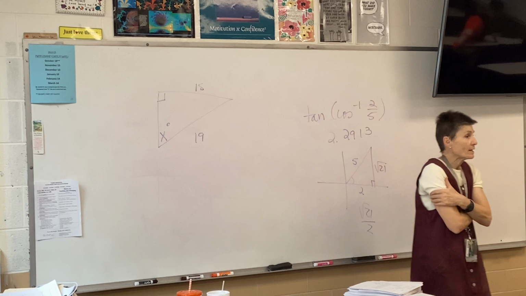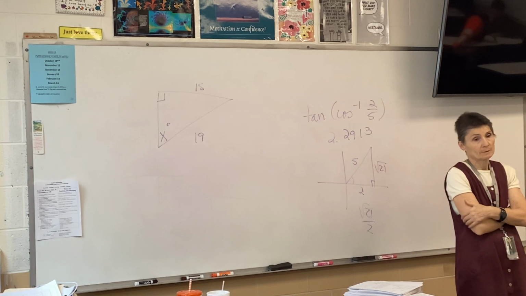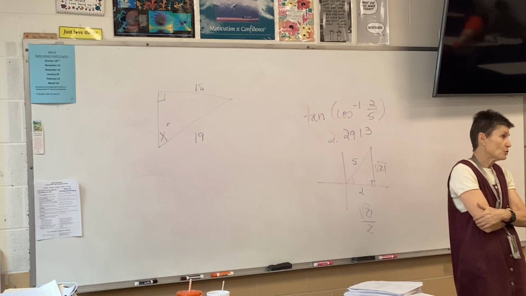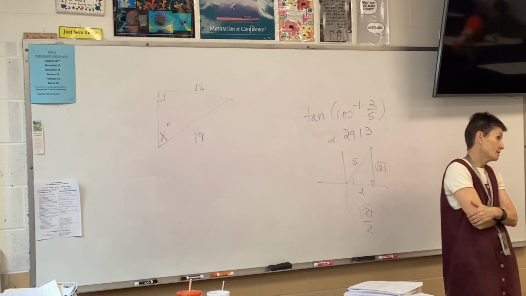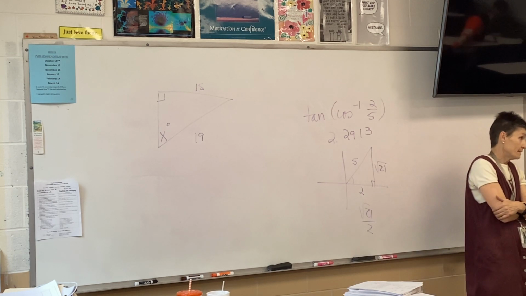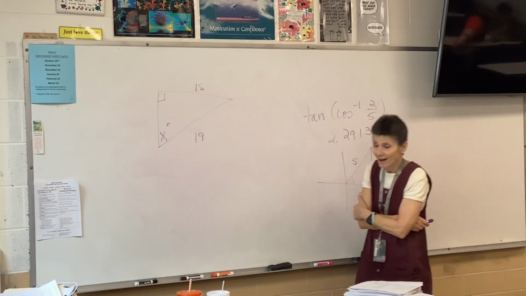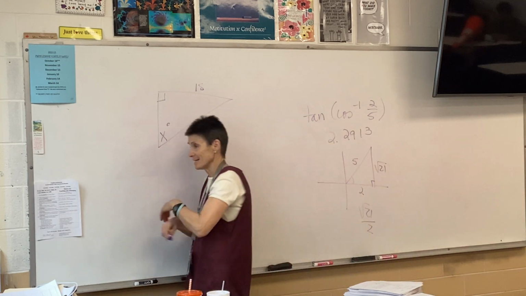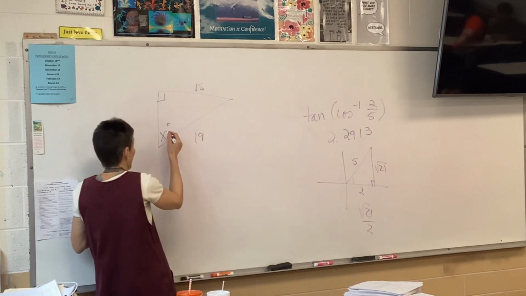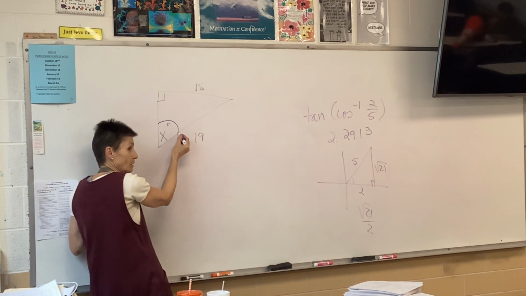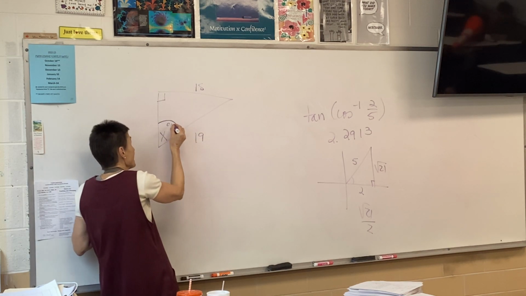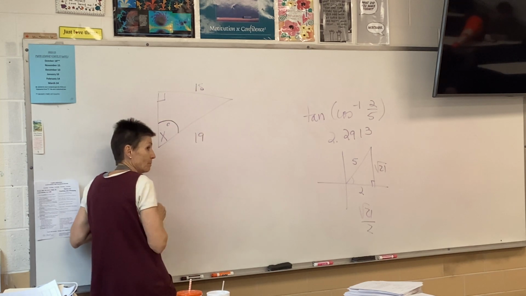We're going to write an equation for this picture. And the equation you write is either going to be sine, cosine, or tangent, every time. You will decide which it is based on the angle and the sides in the problem.